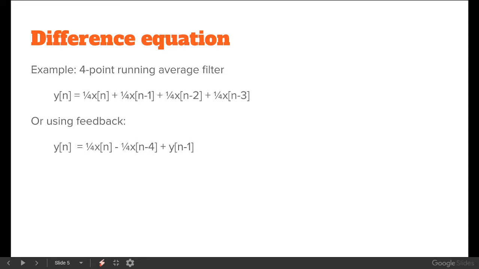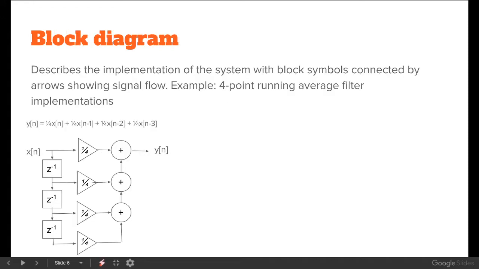So that's the difference equation. Basically, the difference equation is a formula to calculate the output, although that's not quite the formula to calculate the output, because we have the block diagram. The block diagram is the implementation. Think of a microcontroller, how you would like to make these calculations.